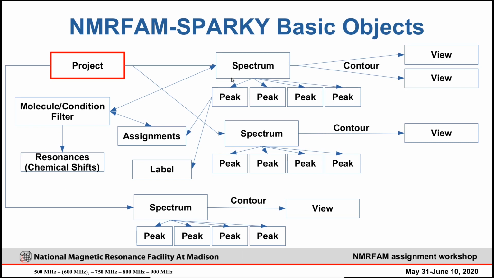Or you can just leave everything undefined, then it will use everything. Okay, and you can set the contour setting differently for each spectral view, and you will see your spectrum differently based on your contour setting. So these are all objects that you will be dealing with, and we will do hands-on work on that.